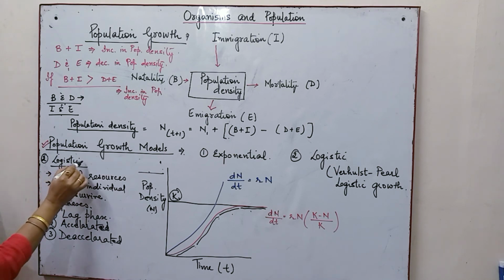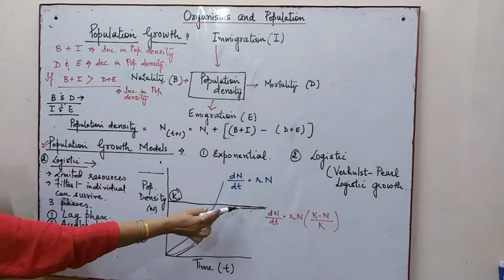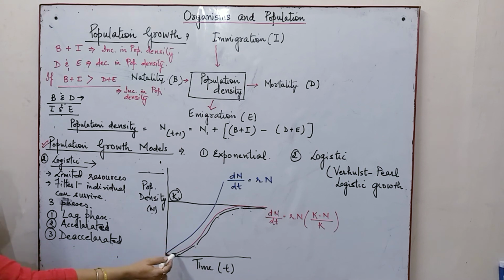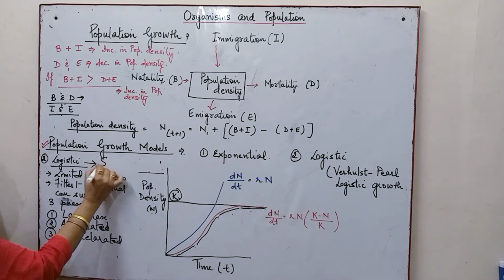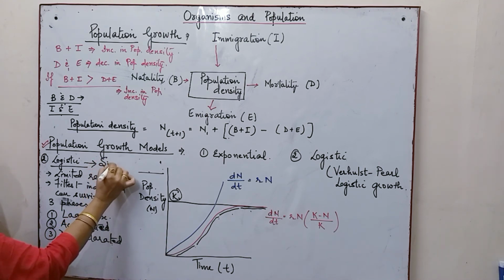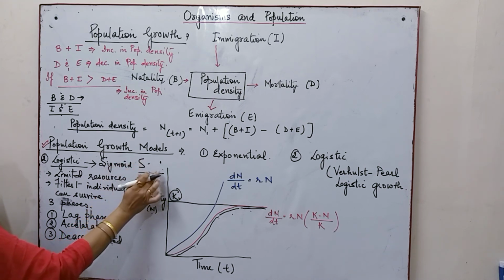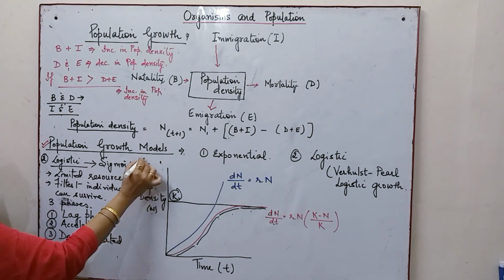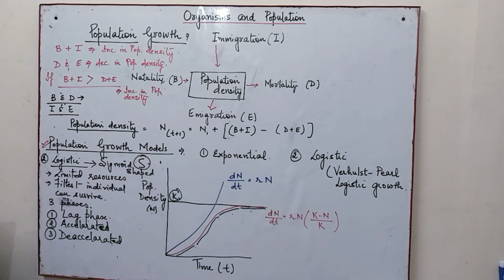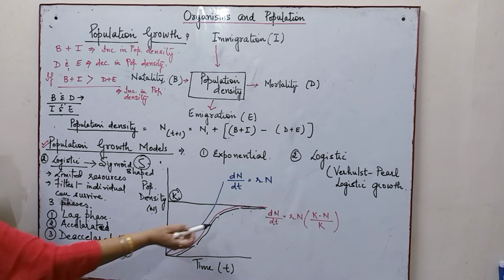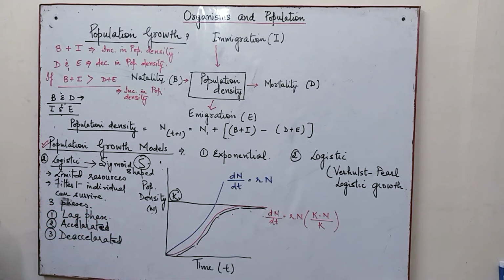If you observe carefully, the logistic curve is a sigmoid or S-shaped curve. With the help of this equation we can find out about the population growth.